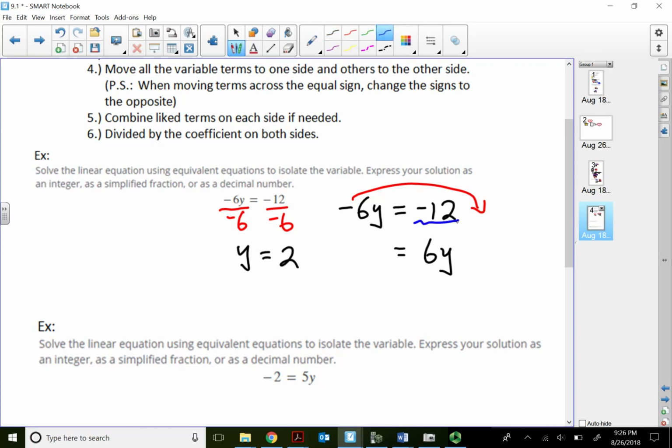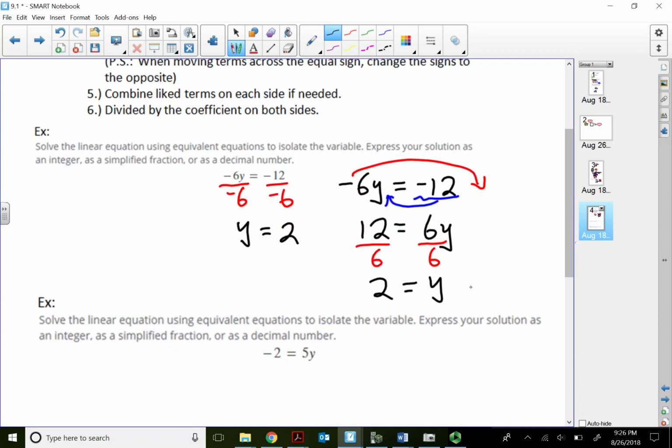That means -12 needs to be moved over to the left side, so that becomes +12. For some reason, when we divide both sides by a positive coefficient, we're not going to make many mistakes with the sign. Okay, so throughout these module lecture videos, I will do the best I can to always keep my variable term positive as much as I can.